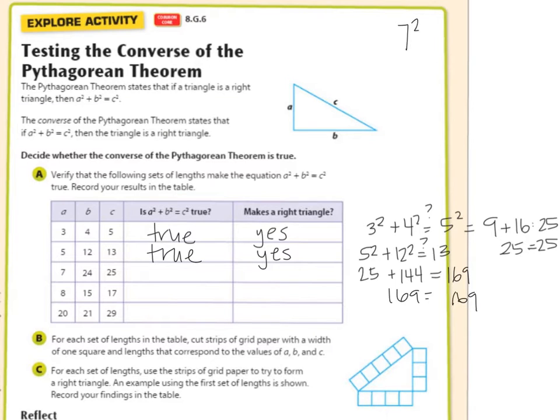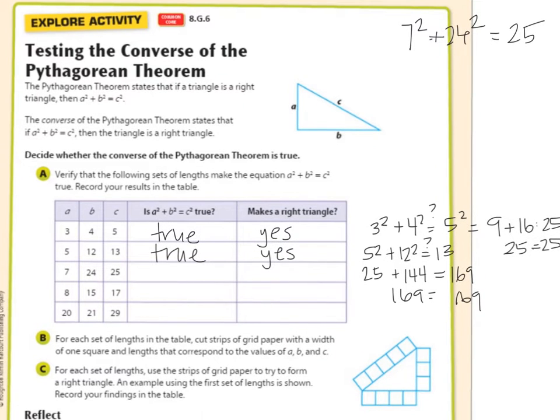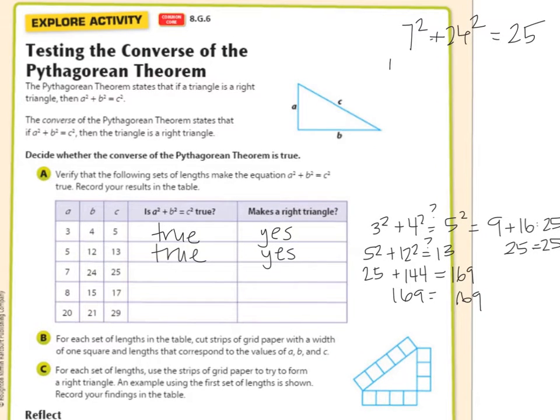So I'm checking 7 squared plus 24 squared, and seeing if it equals 25 squared. 7 squared is 7 times 7, which is 49, and 24 squared is 576, and then 25 squared is 625.